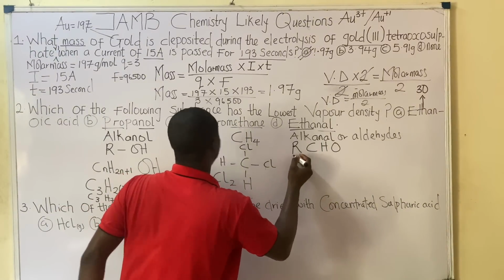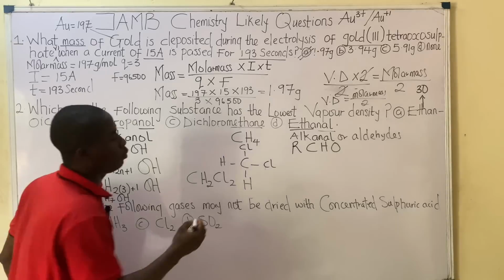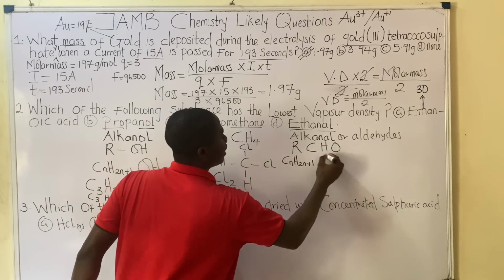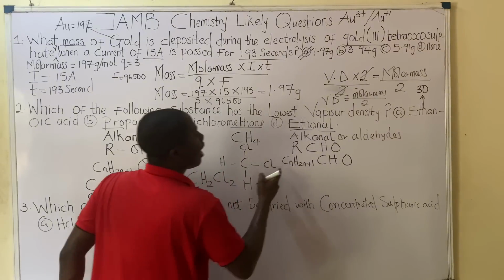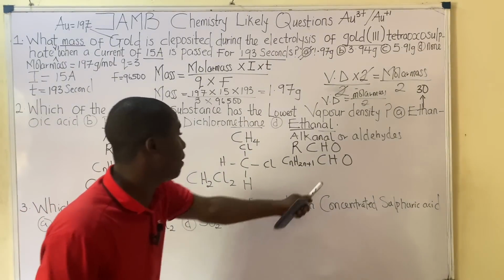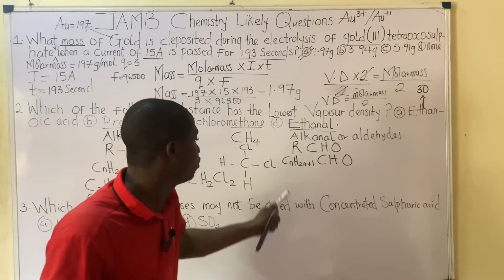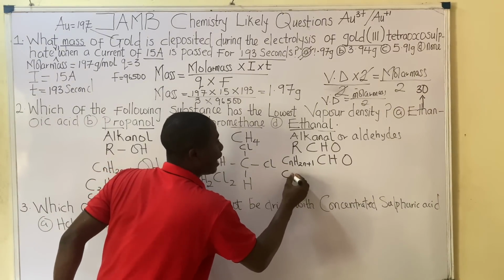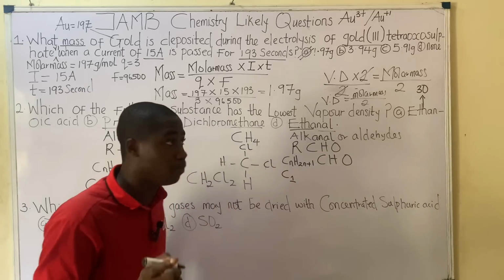So now watch. What was R initially? I said R is CnH2n+1. So here is CnH2n+1, and we rewrite our CHO. Now X has 2 carbons, and we already have 1 carbon here, so how many carbons should I add? 1 carbon. So N should be 1, as seen in the first example I explained.